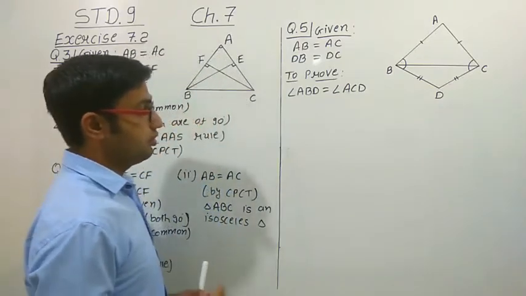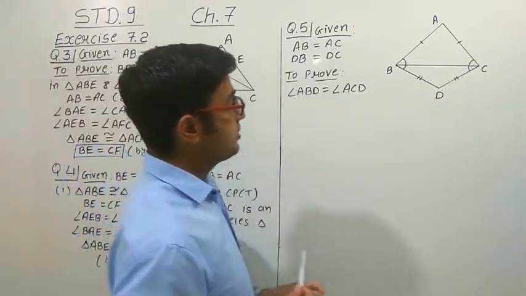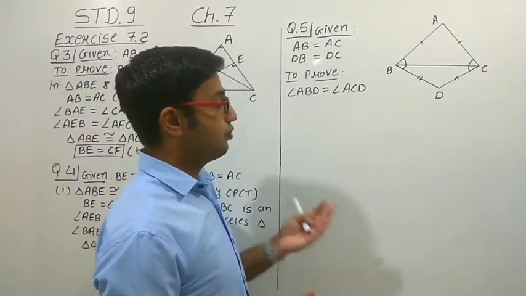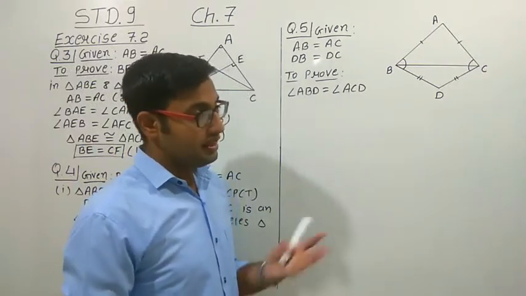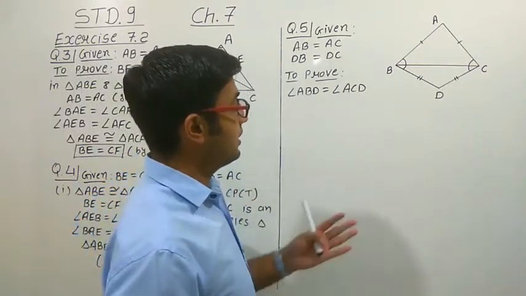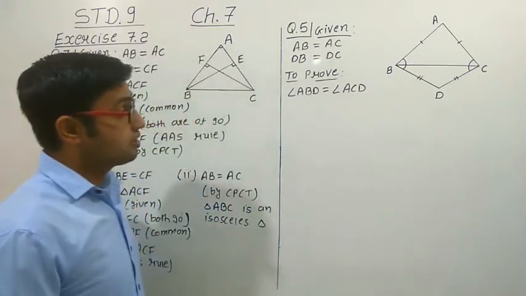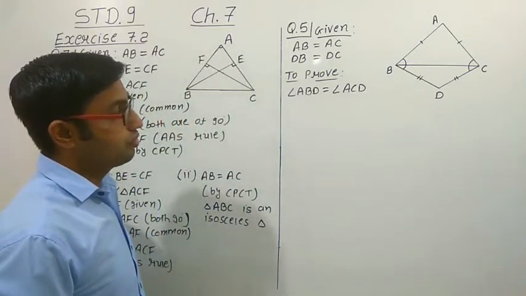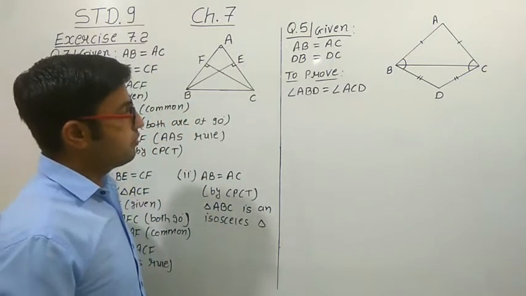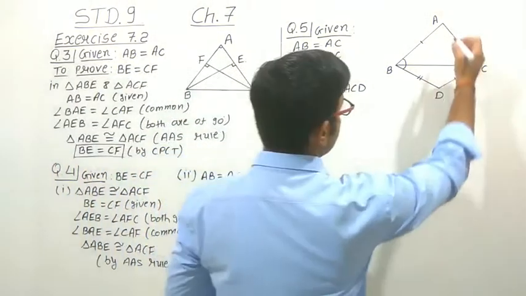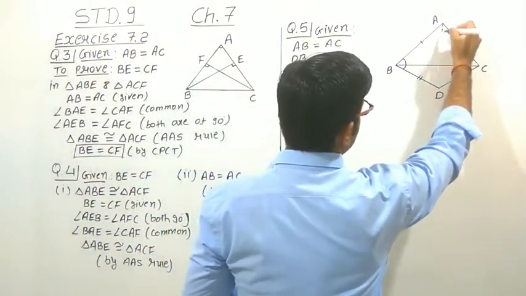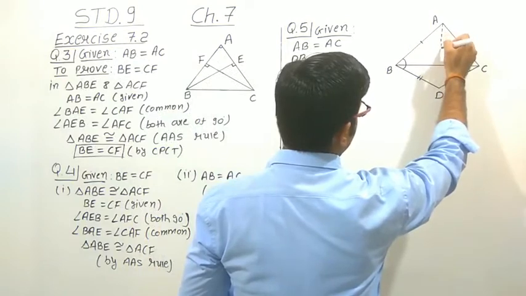If we can do this, then by considering the two triangles, we can prove that the two triangles are congruent, and then by CPCT we can say that angles ABD and ACD are equal. But here no such triangles are there. So how to do this? Let us join AD.